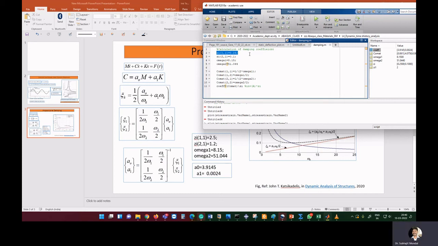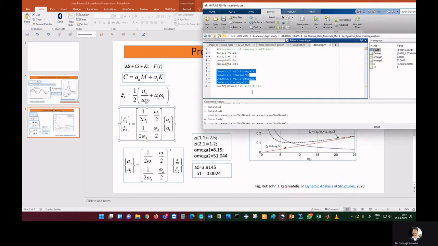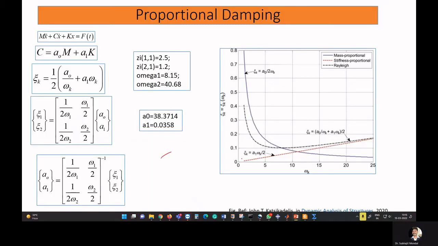Now I just fill the coefficient matrix, then take the inverse of that matrix and multiply. Once I run it, the coefficient values come out as 8.9 and 0.9. So this is the way you calculate the damping coefficients A0 and A1.